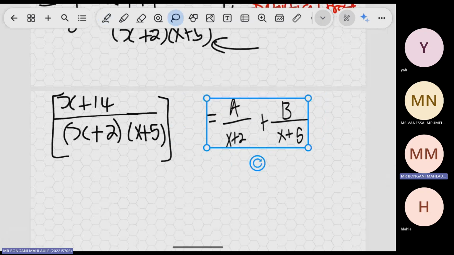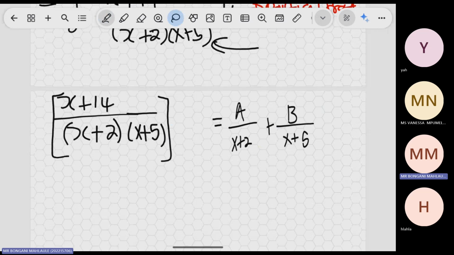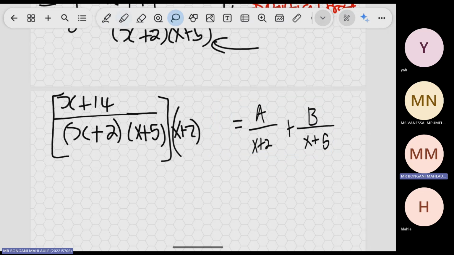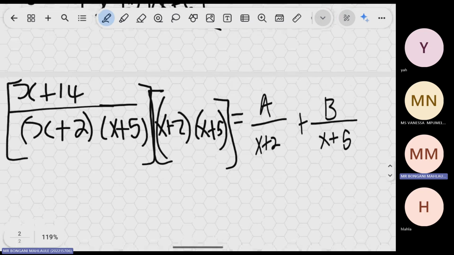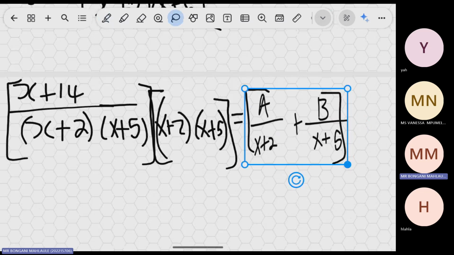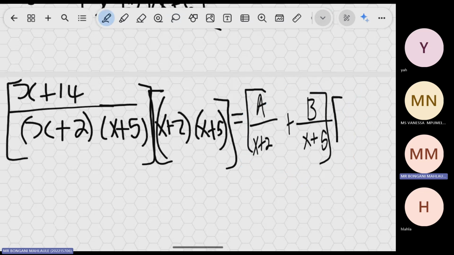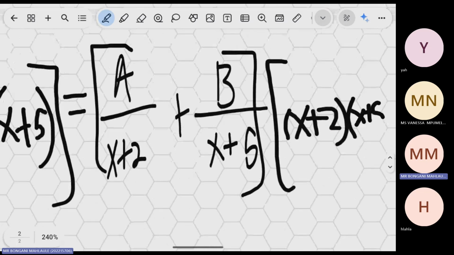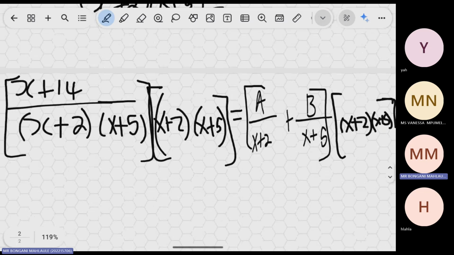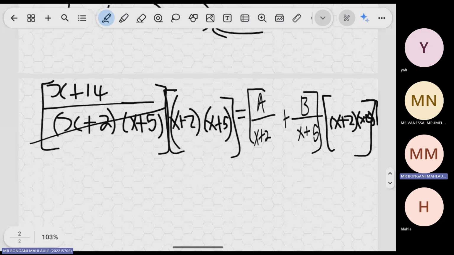Then I will multiply both sides by the denominator, which is x plus 2, x plus 5, and also multiply this side. So now this one will cancel with that one.